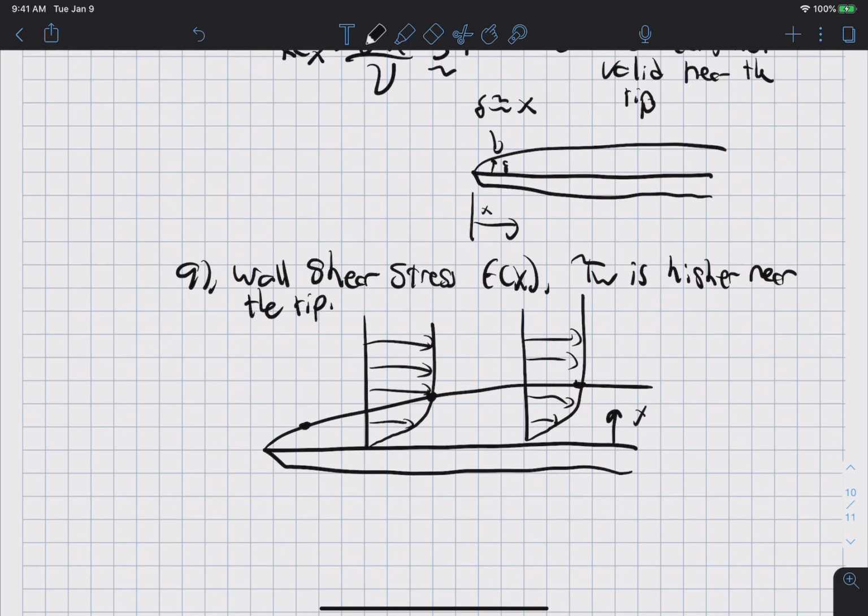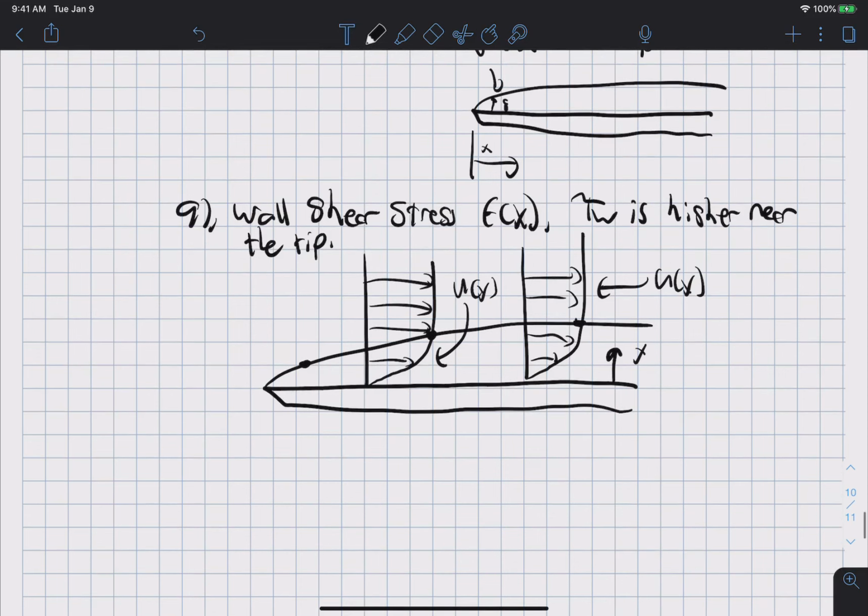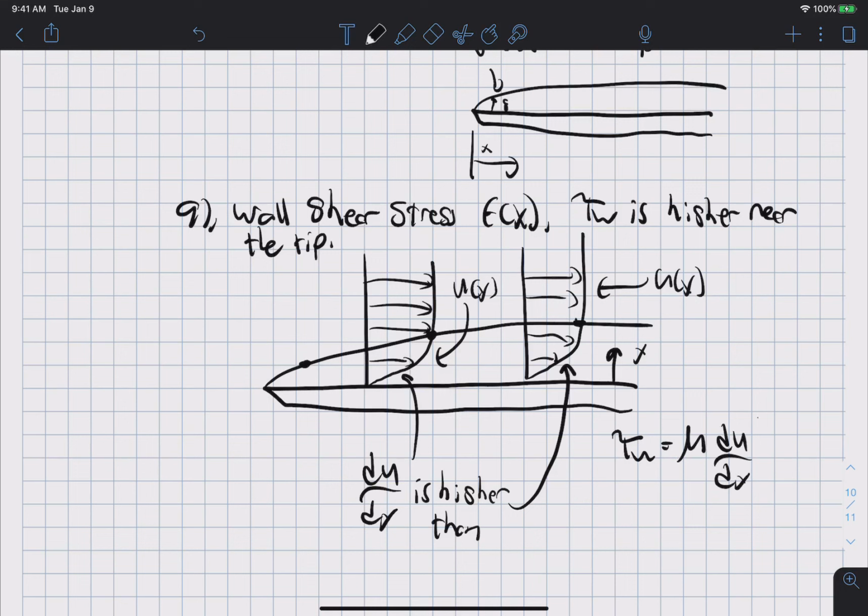And this would be y, and this would be u of y. Okay, here we can see that du dy is higher than over here. Okay, and recall that tau wall equals mu du dy at the wall.